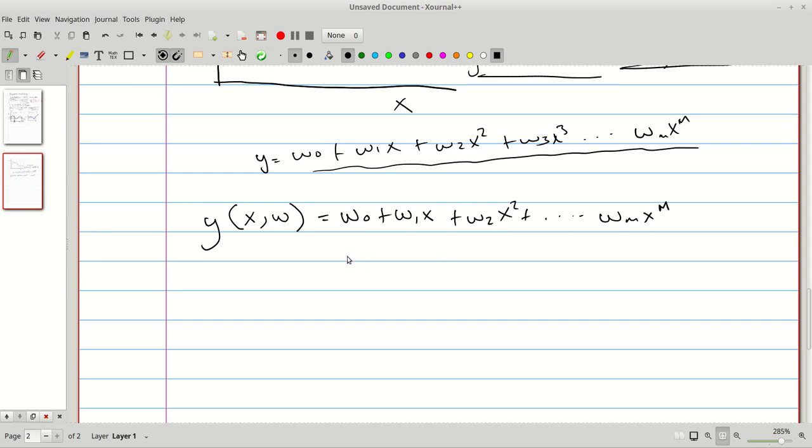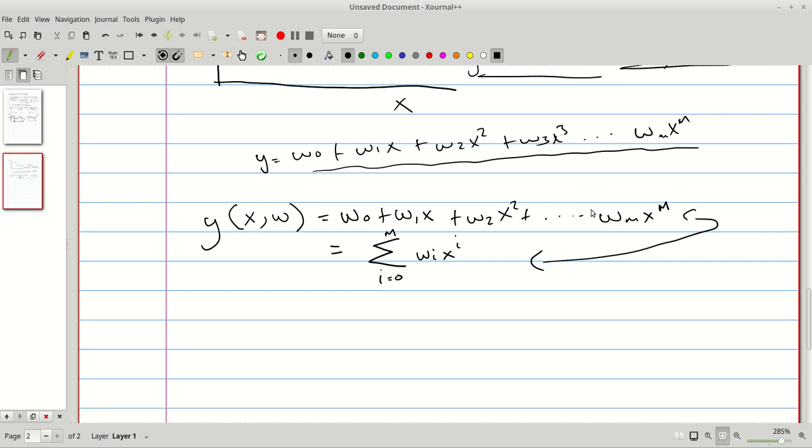This is how we describe it, which is the same way as saying the summation from i equals 0 up to m of wi x to the power i. This is essentially the same information that we wrote down there. So we need to see how we select this m? That's the first question you might have.